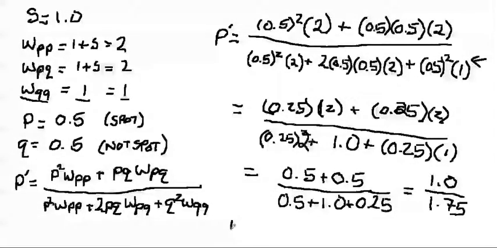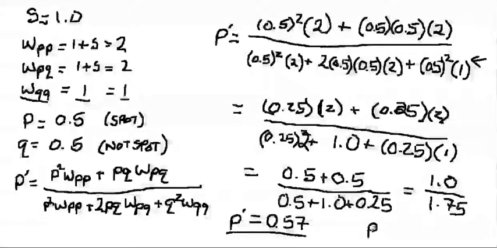Therefore, P prime is going to equal 0.57. And that makes sense. Notice our P prime, the frequency of the P allele in the next generation, is 0.57. The frequency of the P allele, or the A1 of the generation before, was 0.5. We know that the frequency of the P allele should be increasing every generation, and it did. It increased 7% between generation 1 and generation 2, or between this generation and the next generation.